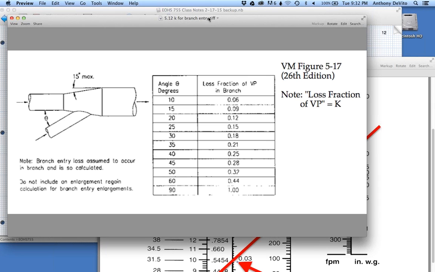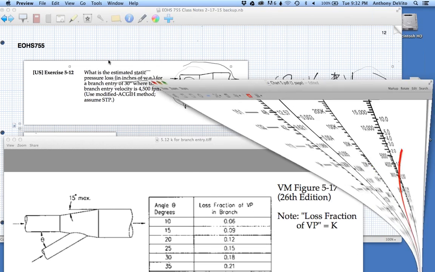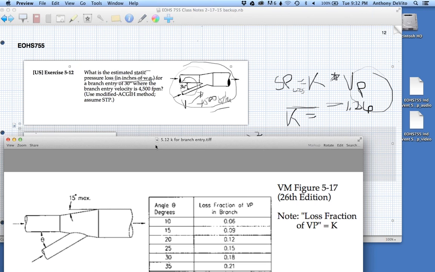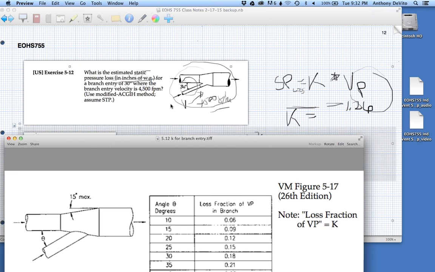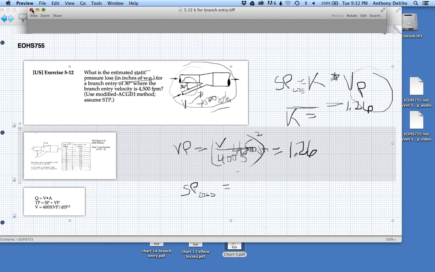And I believe that they told us that the angle on this particular problem is a branch entry of 30 degrees. Okay, well, let's see. Here's 30 degrees, and our loss fraction, in other words, our K, for this transition is going to be equal to 0.18, right? So we just simply use this table for this branch entry transition.